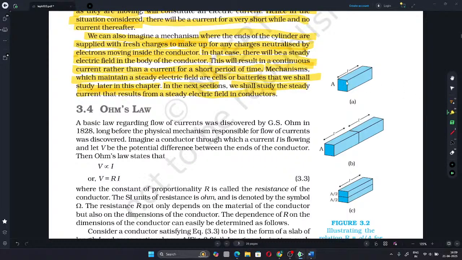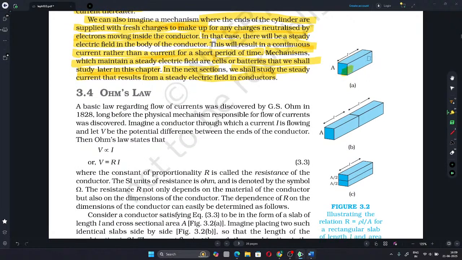Here they give a diagram of a conductor of cross-sectional area A and length L. Here cross-sectional area A and length 2L. Here half of the cross-sectional area and length L. Basically this can be of one material, this can be of another material.